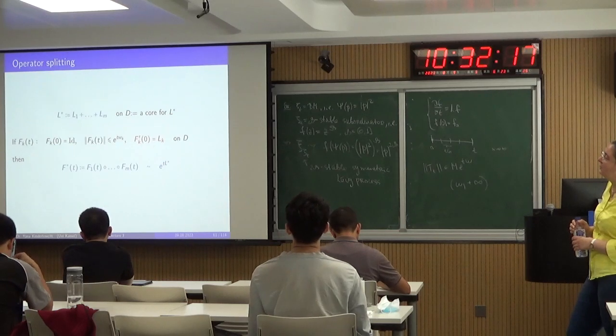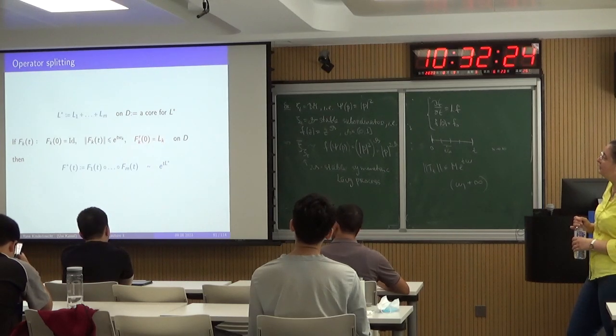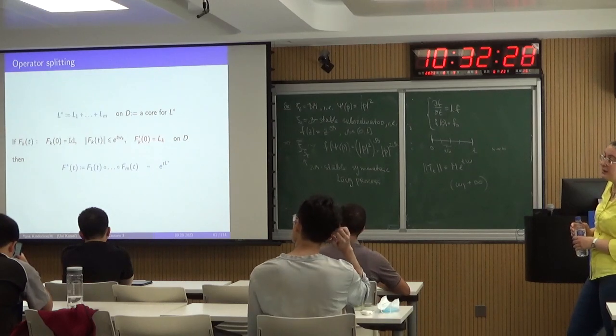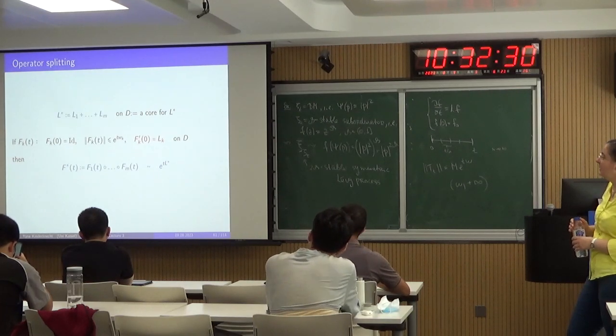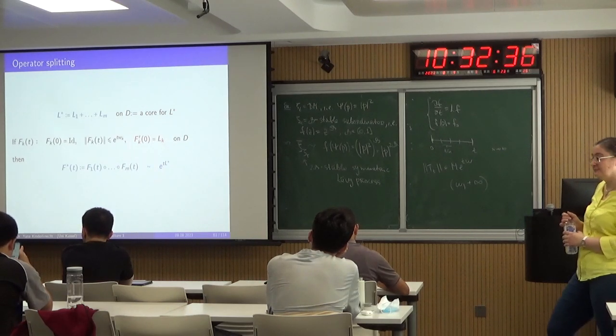And if you calculate the derivative by just using the chain rule, you see that the derivative is the sum of derivatives of each Fk. So we obtain exactly L star. So all requirements of the Chernoff theorem are satisfied.